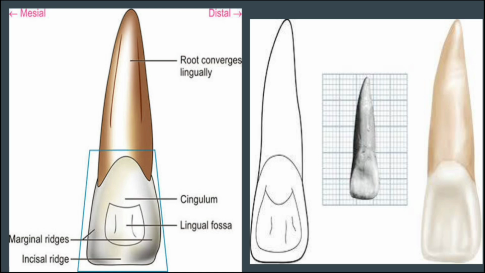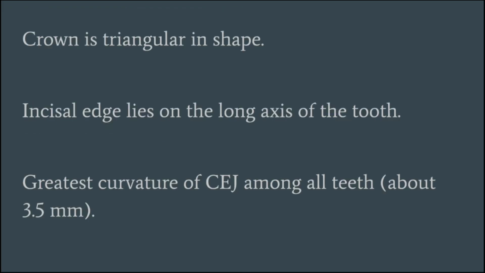Next is the mesial aspect. How does the mesial side of the tooth look? As I told you earlier, it is 90 degrees. The crown is triangular in shape. The incisal edge lies on the long axis of the tooth. It has the greatest curvature of the CEJ among all the teeth, about 3.5 mm.